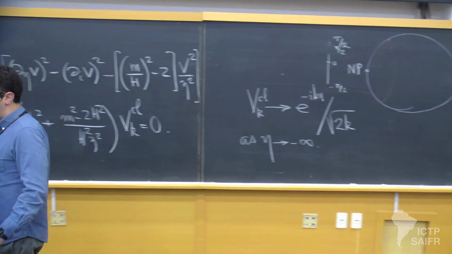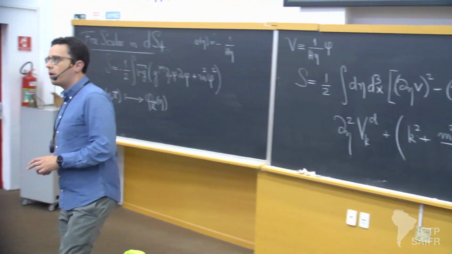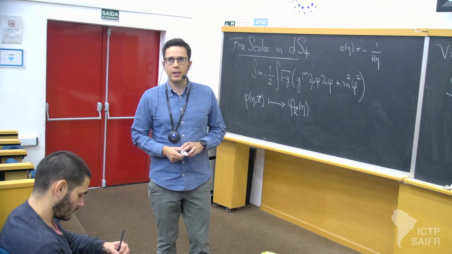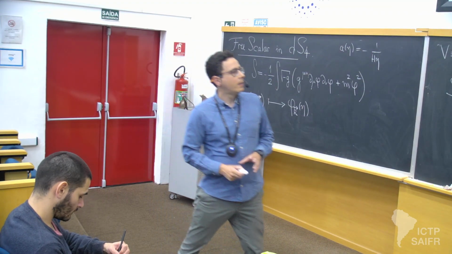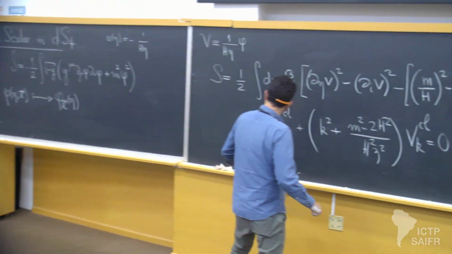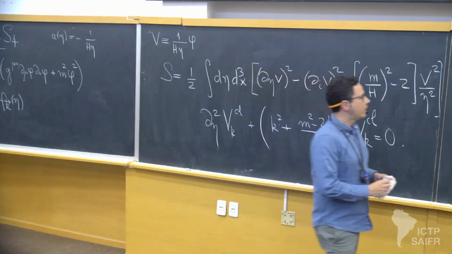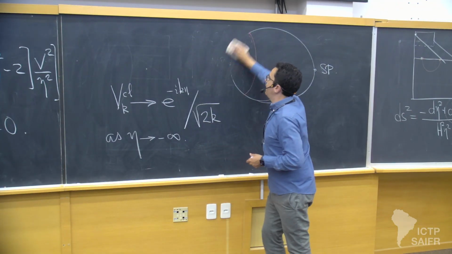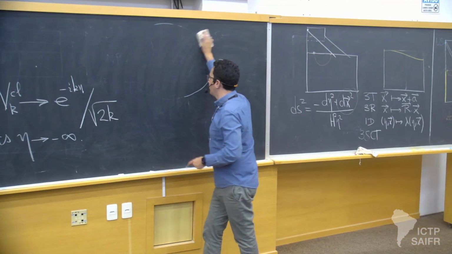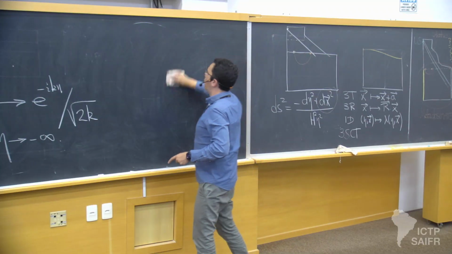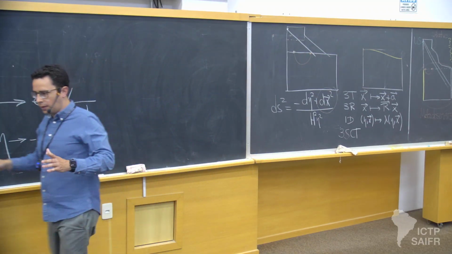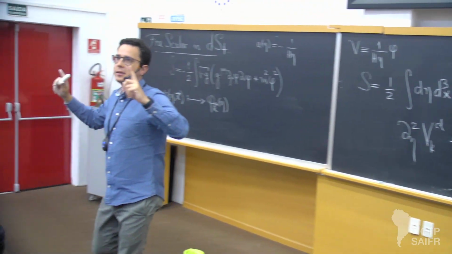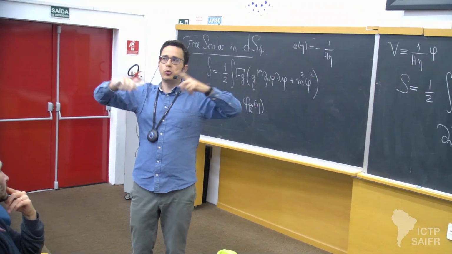This is sort of the only reasonable choice for how you should quantize a free field in de Sitter space, okay? So what is the story that we usually tell when this happens? You use the word blue shift, okay? So you say that we are tracking a fixed co-moving wave number, a fixed separation in x, but the physical distance between points is being blue shifted as I go to the past, right?